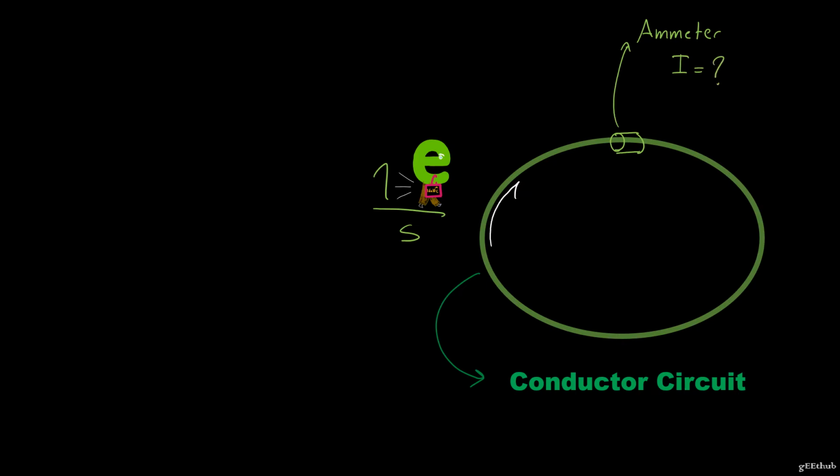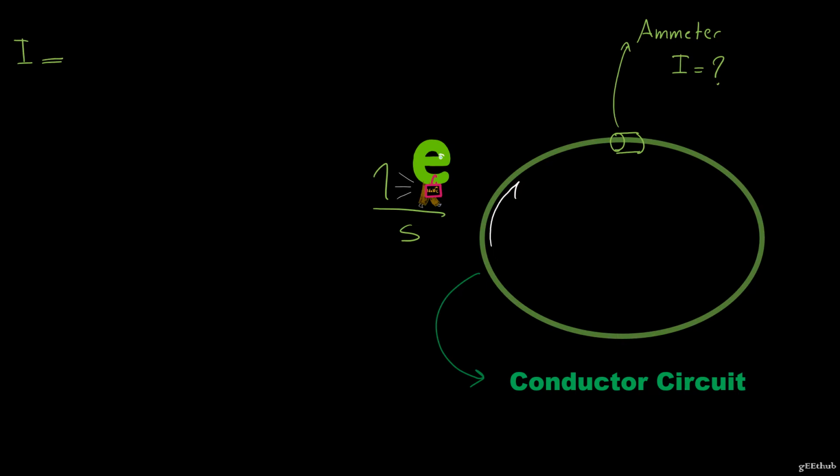Now let's assume I have this simple conductor circuit with no elements attached to it, and for some reason I have this one electron circling my circuit every second, and I want to know what my current is here. So I'm going to attach a measurement device, and this is an ammeter, and it tells me what my current is. So what is my measured value of current going to be?